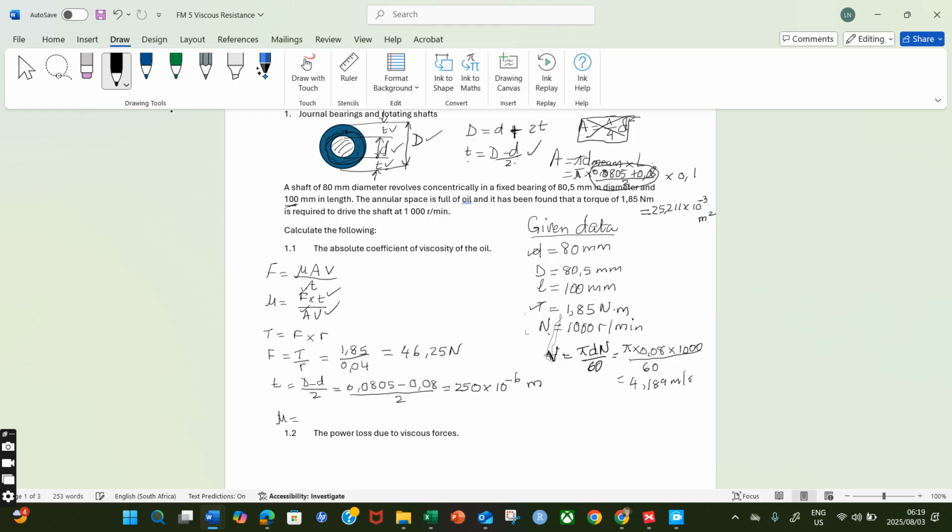The force is 46.25 multiplied by the thickness or the clearance, divided by the area, which is 25.211 multiplied by 10 to the power -3, multiplied by the velocity of 4.189. This is equal to 0.109 Pascal second.